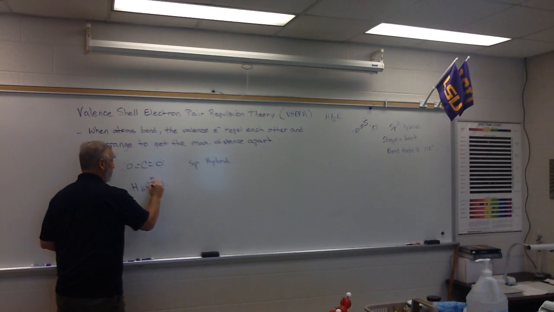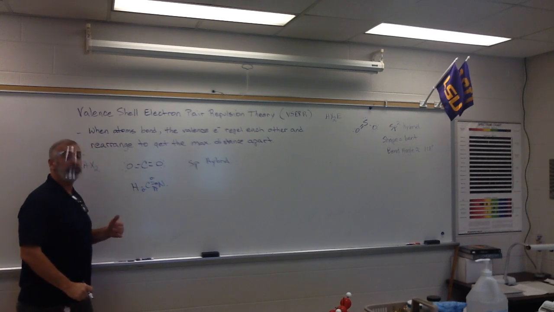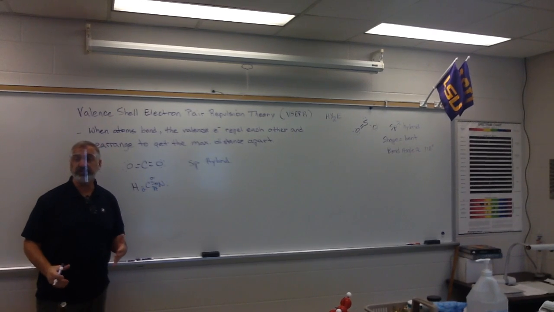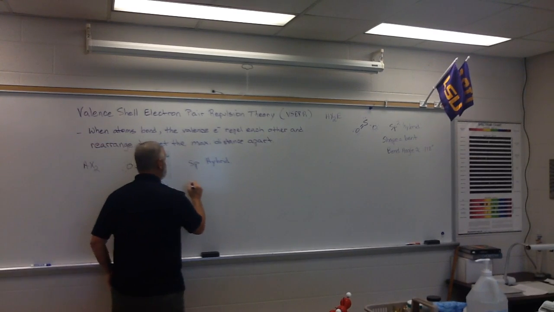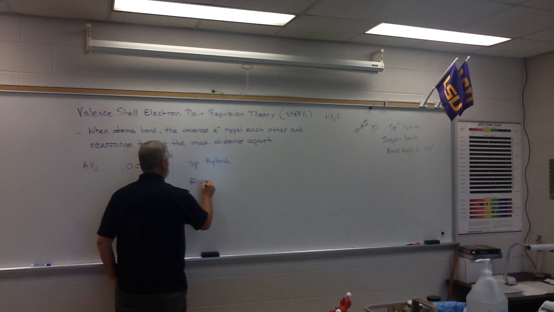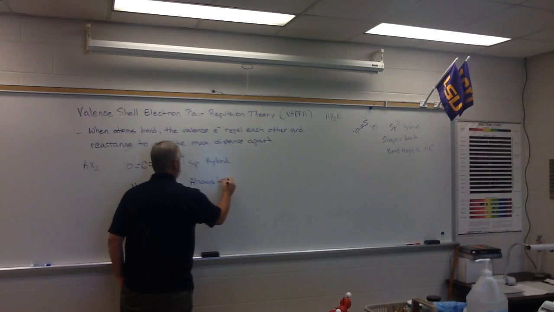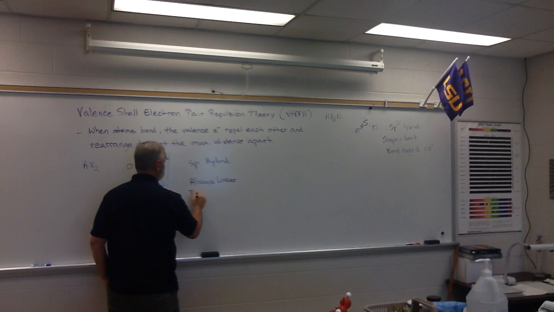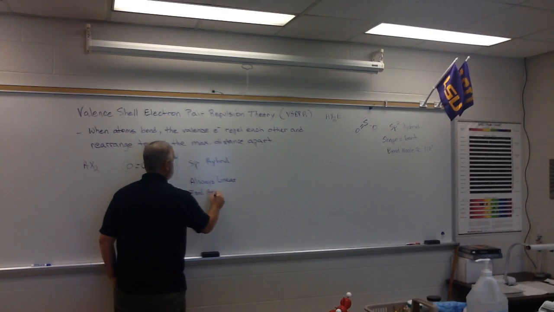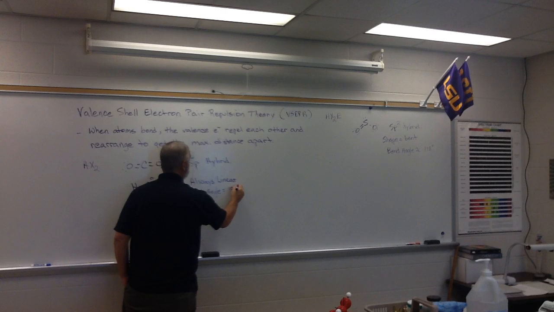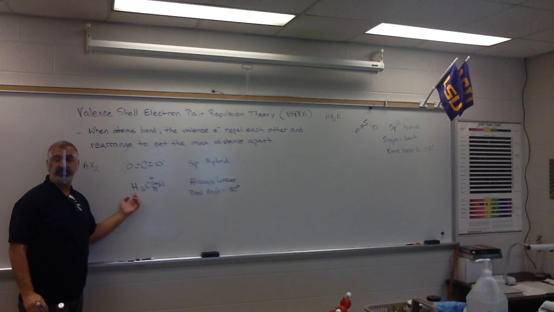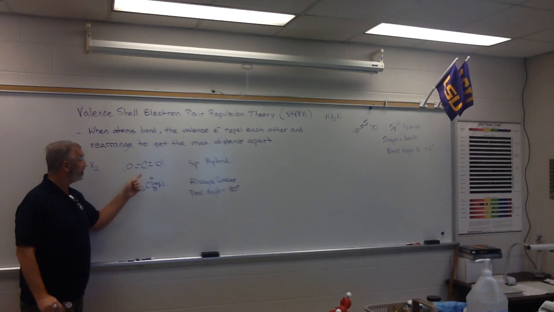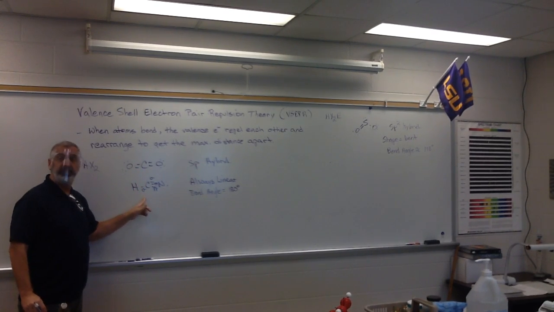Sigma, sigma, pi, pi. Two things that hate each other, what's the only shape they're going to get to? 180 degrees, right? Okay, so these are always linear. And then the bond angle, 180 degrees. And there aren't any more options than this, it's just one option. So two double bonds or a triple bond is always going to cause it to be linear.